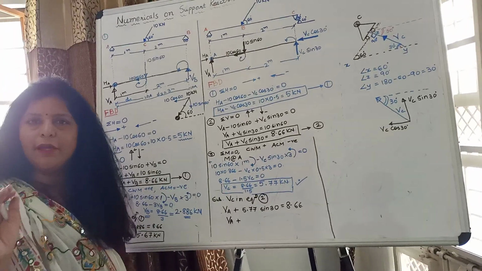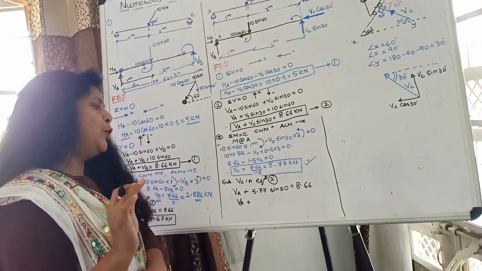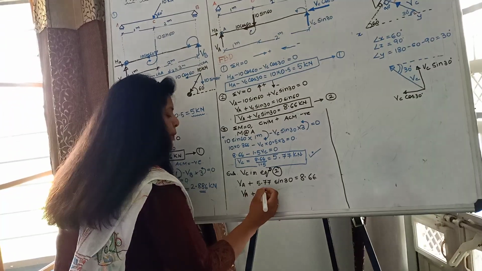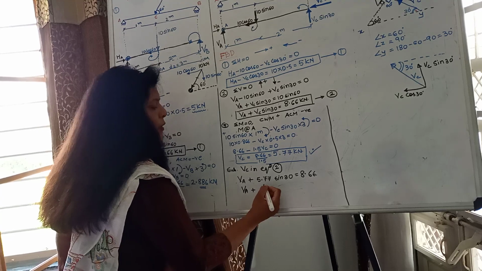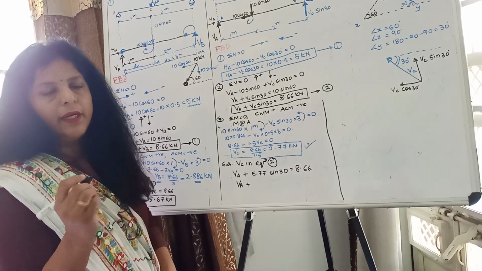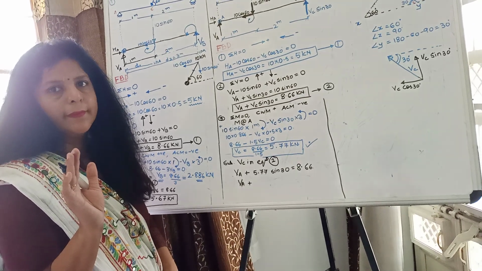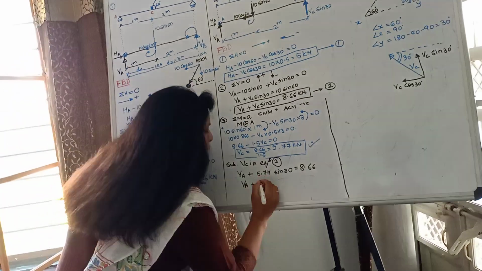So 5.77 into 0.5, Pulkit, what will be the answer? 2.885.